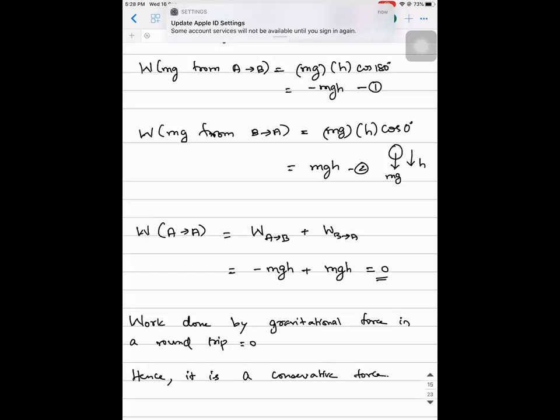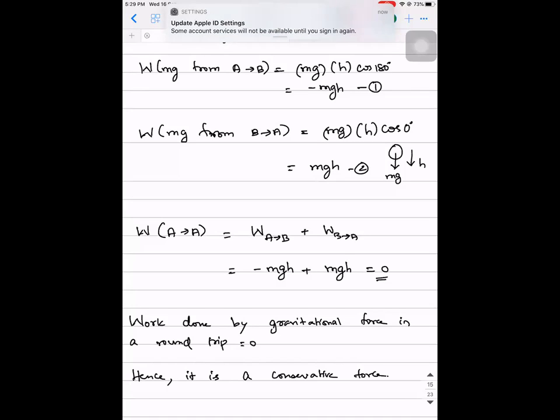So on a conservative force, work done will be 0, sir. Work done in what? What was the point I was stressing upon? Gravitational force. Did I say always the work done is 0? No, sir. Then what is the keyword I told?